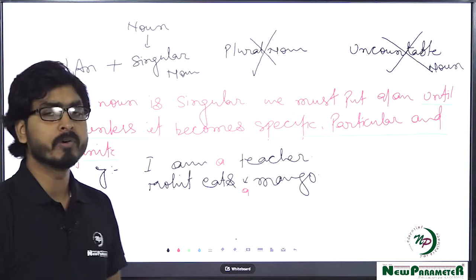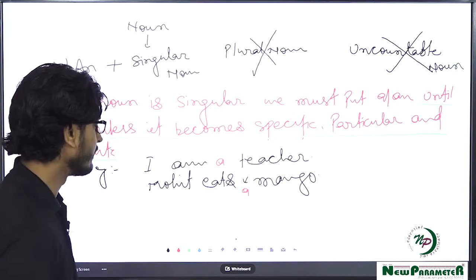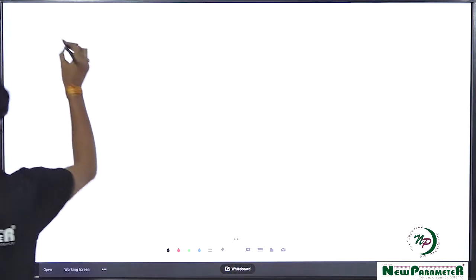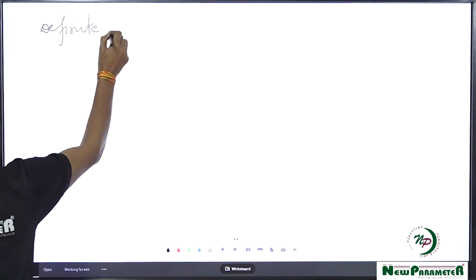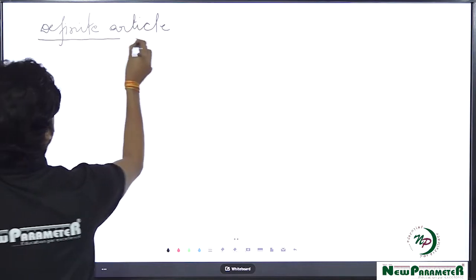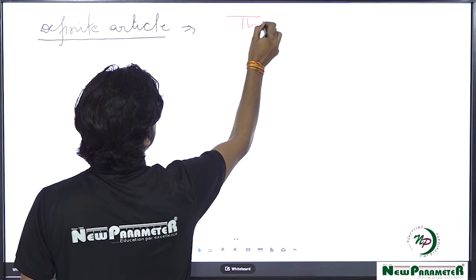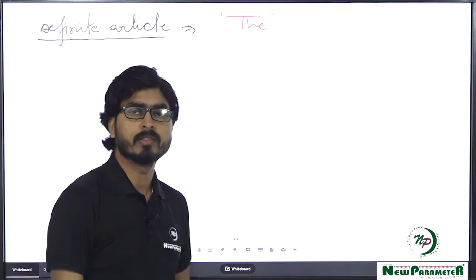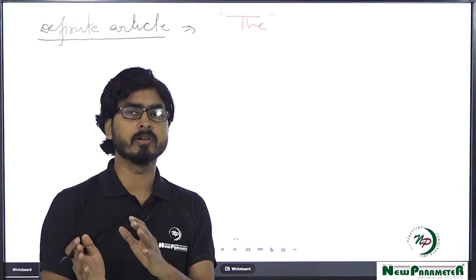Now move to another point, that is the most important definite article, which is "the". We'll see. Definite article, which is "the". So guys, some people say it "thee" and some people "thuh". What is the basic difference between "thee" and "thuh"?